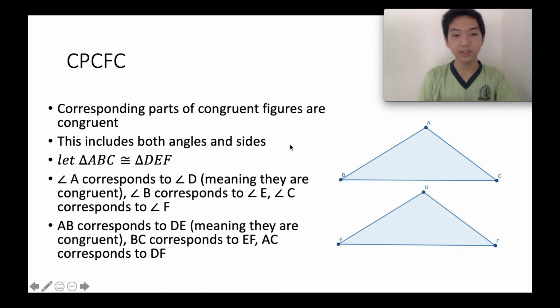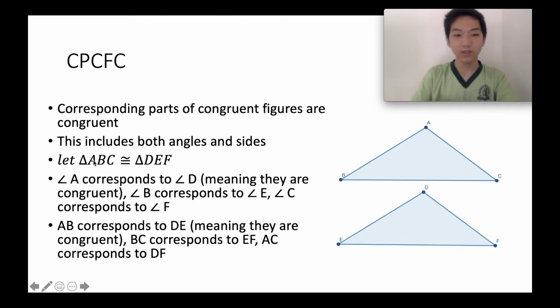So CPCFC: corresponding parts of congruent figures are congruent. This includes both angles and sides. So let's say triangle ABC is congruent to triangle DEF.